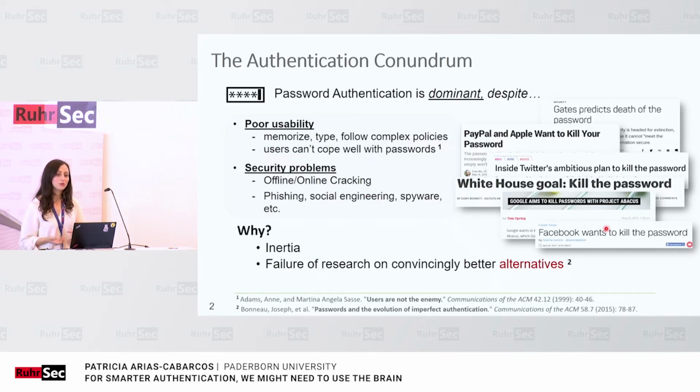It's very difficult to move on from a solution that is so widely deployed that in the end, yeah, it's easy to deploy, and everybody knows. And then another more interesting reason from the perspective of research is that we are failing to find alternatives that are better.